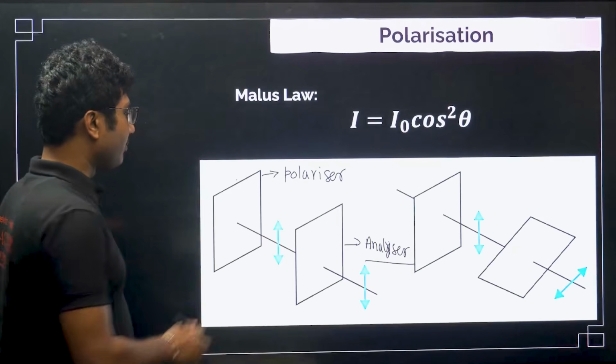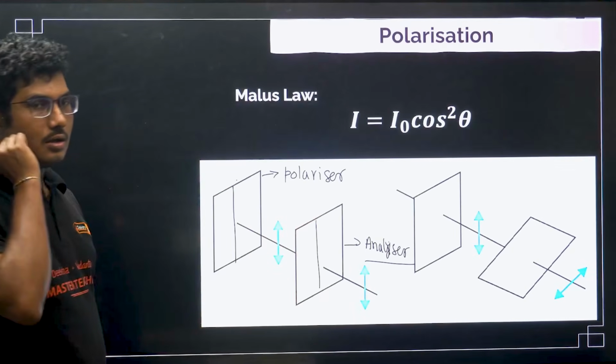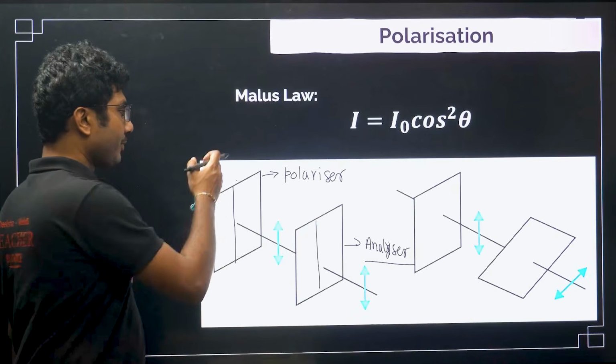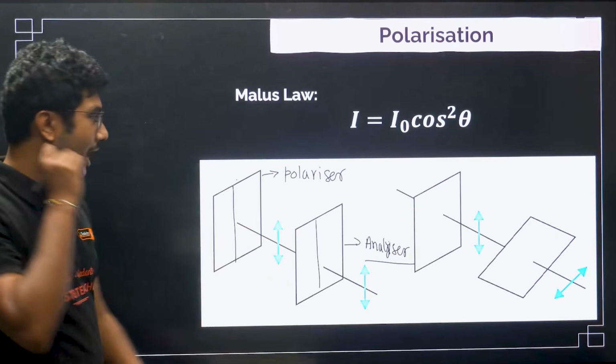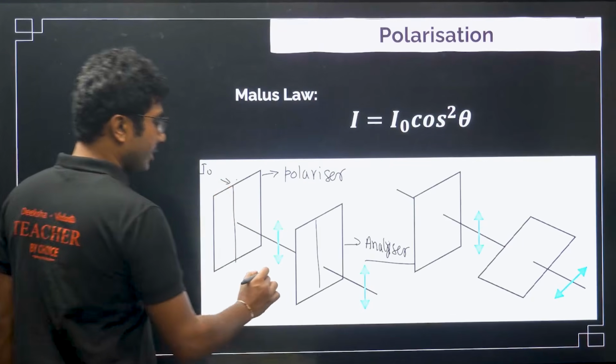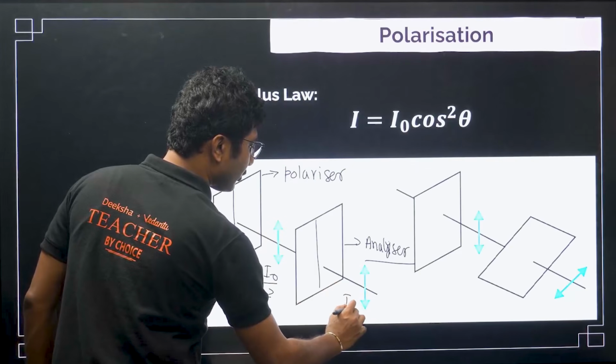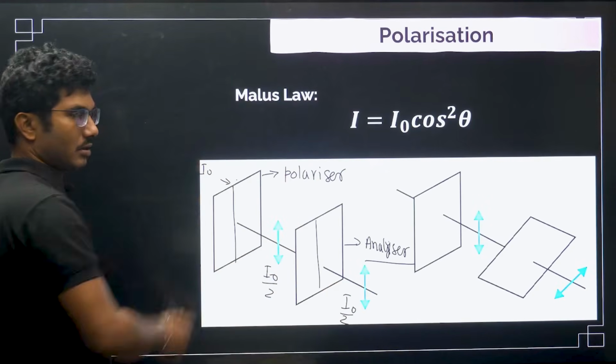Now, if both of them have the same parallel configuration, the light entering here is I naught. Here it will be I naught by 2, and in this case also it will be I naught by 2, because they are parallel.